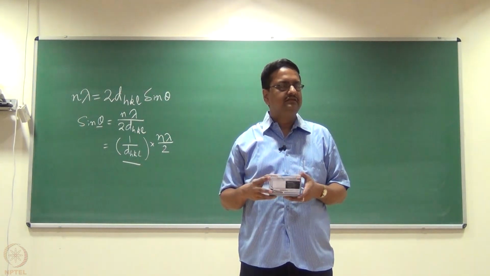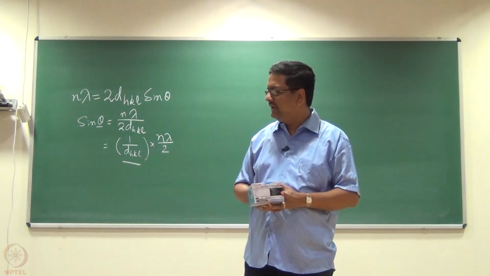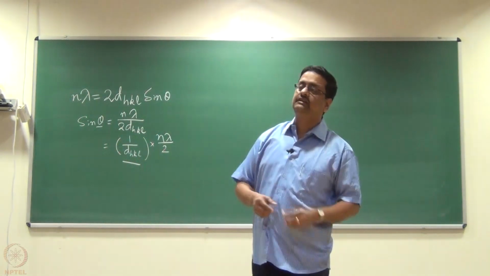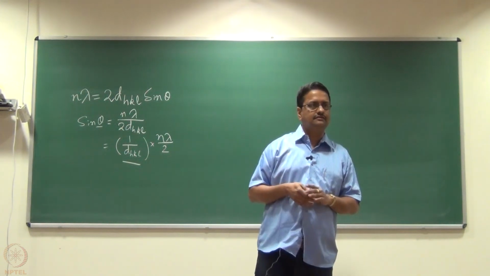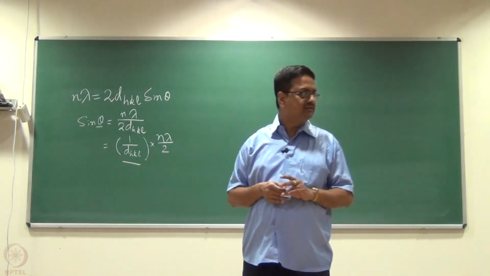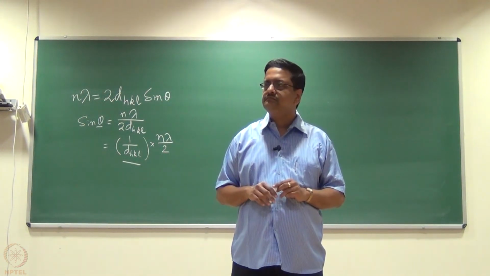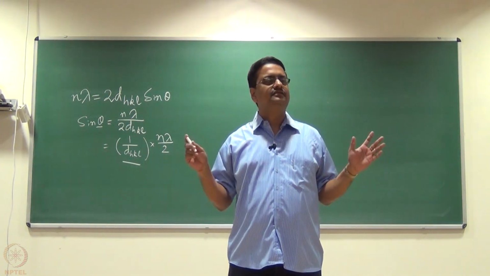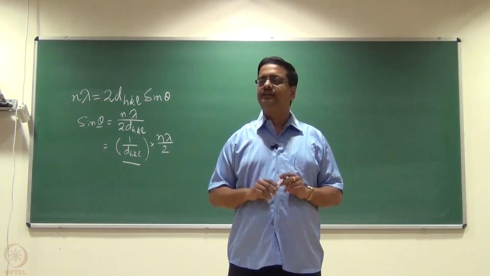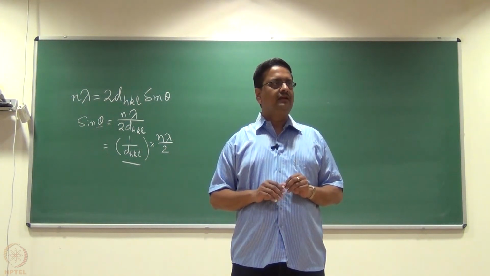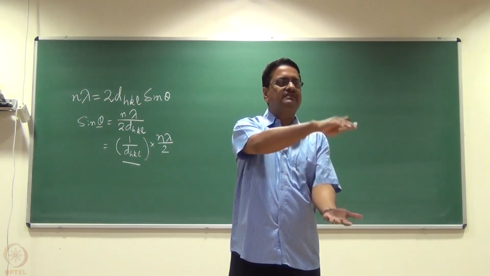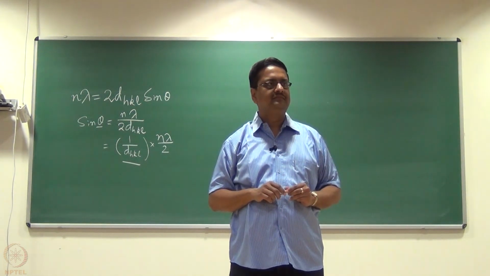And what we are saying in Bragg's law is that constructive interference of X-rays upon diffraction occurs when the path difference is an integral multiple of wavelength. So now what we are trying to see is that diffraction occurs from a set of parallel planes.